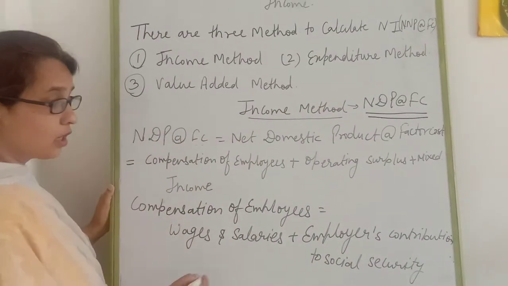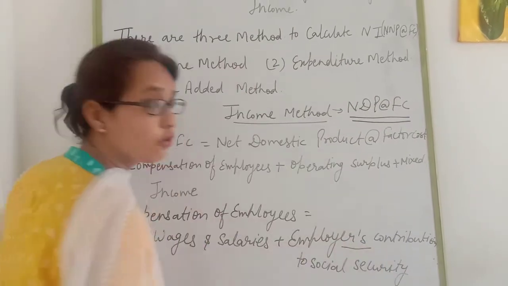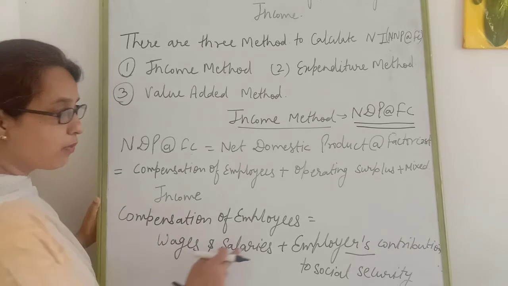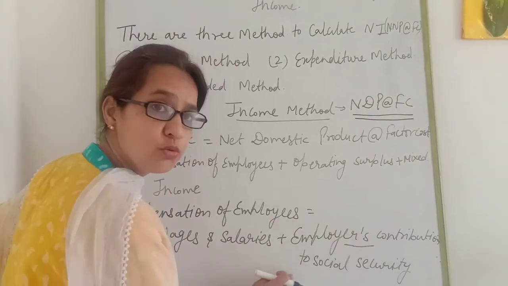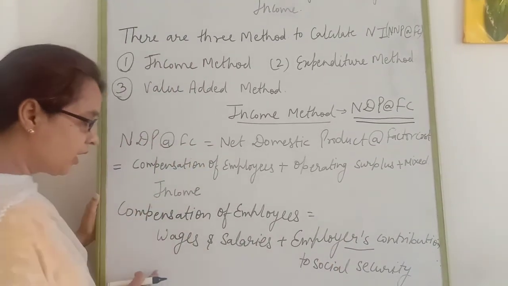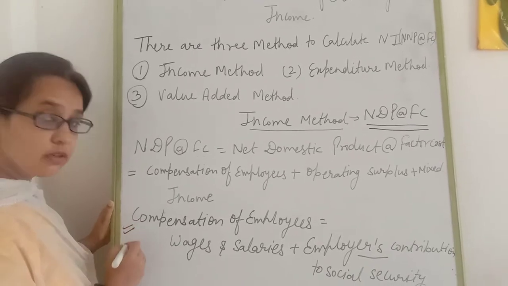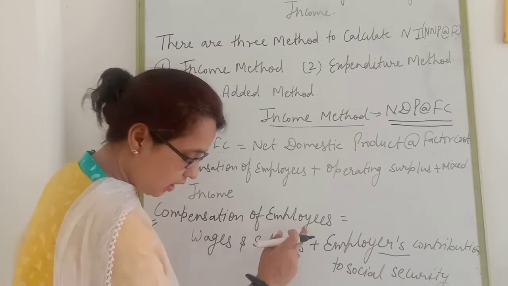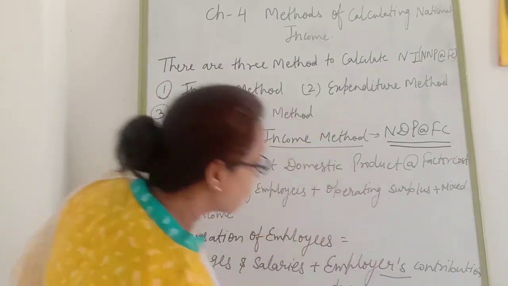Make sure we are using employer contribution, not employee contribution. Wages and salary plus employer contribution to social security. By this formula, we can calculate COE, compensation of employees. I think all of you are clear.